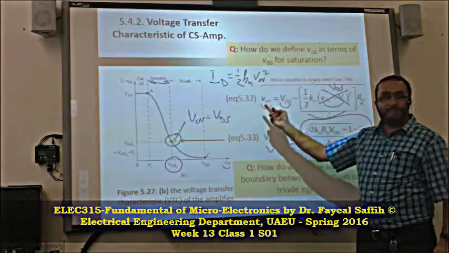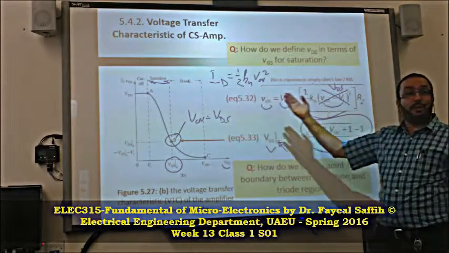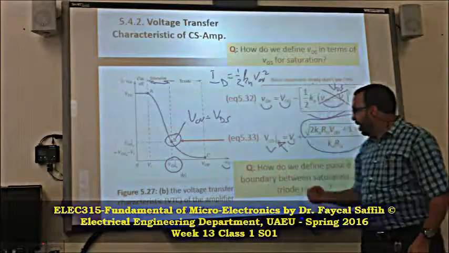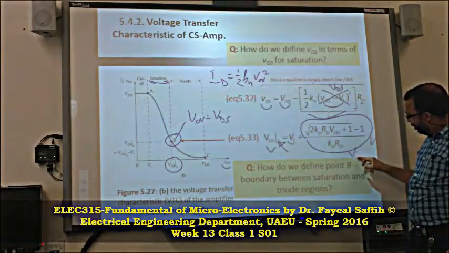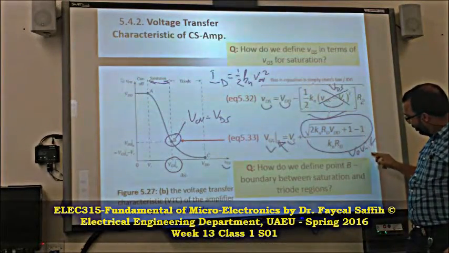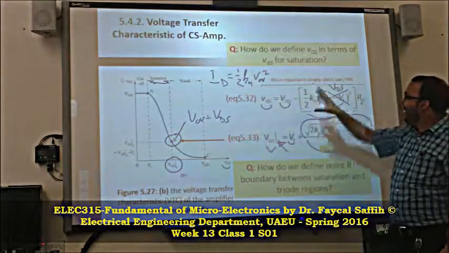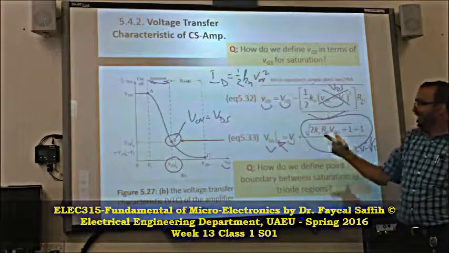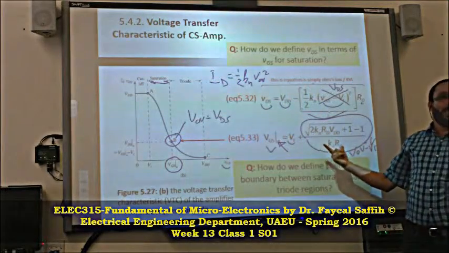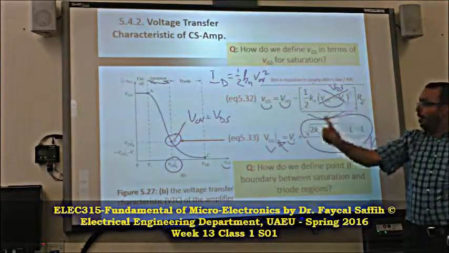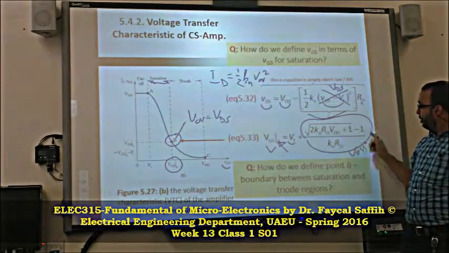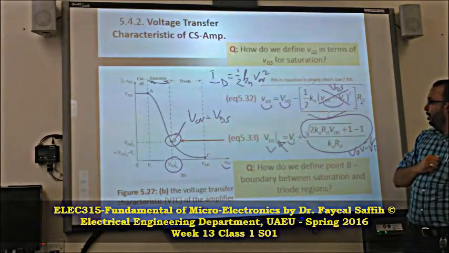This is a second order equation, yes or no? So if you find VDS, it's the same as the overdrive. When you solve this second order equation, you will find two solutions. Only one of them will be able to give VDS exactly this value.